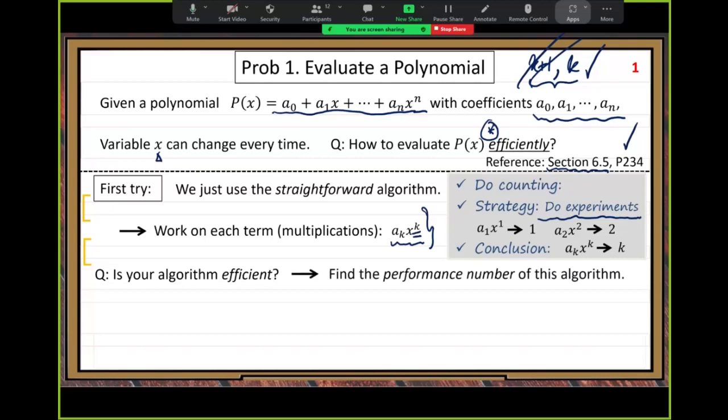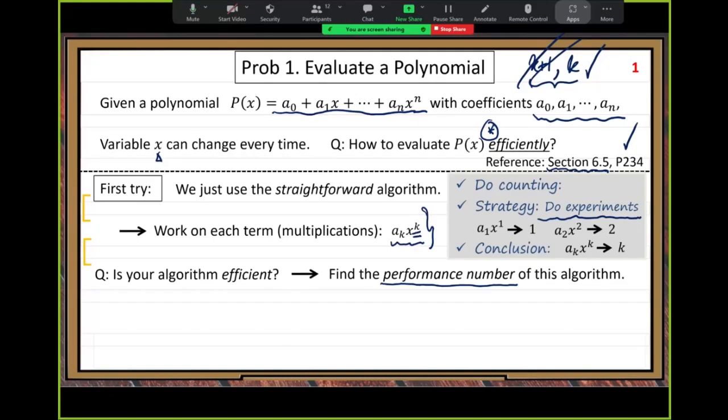When we talk about algorithm efficiency, we may like to find a performance number for this algorithm. Because if you do not use any specific number, whether the algorithm is efficient or not is usually quite subjective. One of you may say it's efficient, but a different student may feel it's not that efficient.